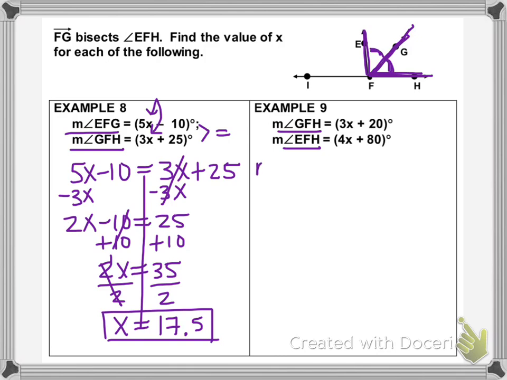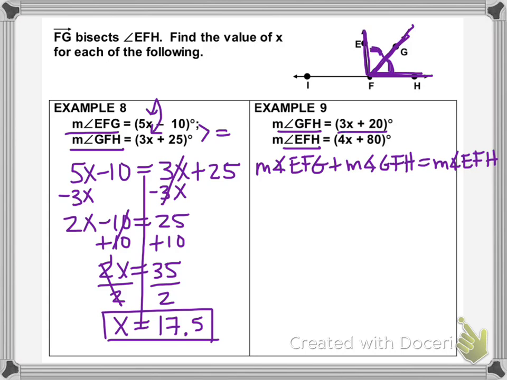The 2 smaller angles, we've got the measure of angle EFG plus the measure of angle GFH equals the measure of the larger angle, which is angle EFH. So now we're going to plug in what we know. The measure of angle EFG, we don't have an expression for, but that angle should be congruent to the measure of angle GFH.